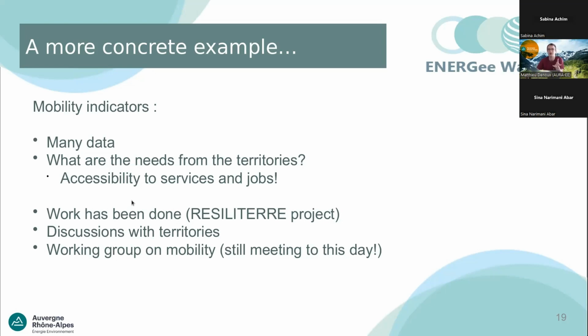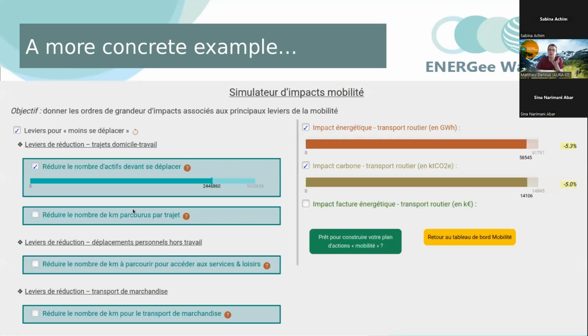And for example, one element that was really interesting for territories was this simulator. So the idea is, sorry, it's in French once again, but the idea is very simple. You have on the left some actions that you can apply.